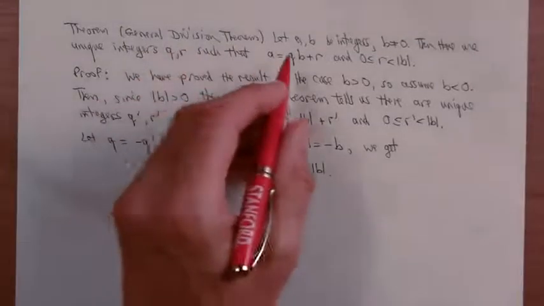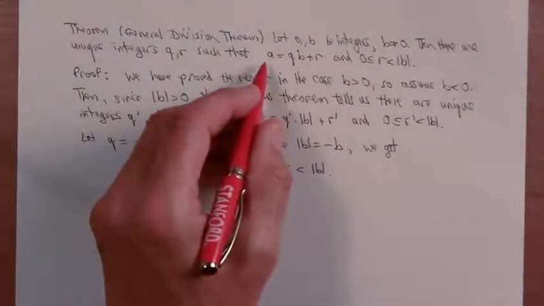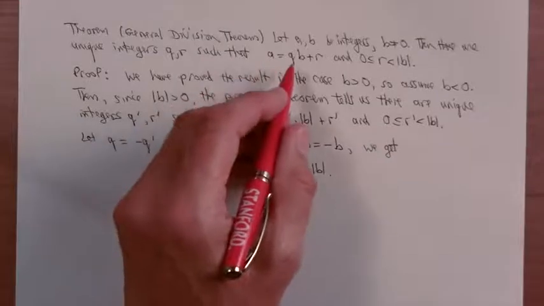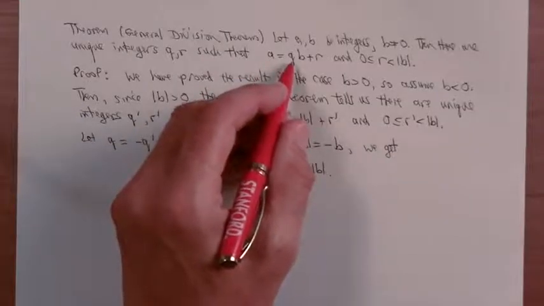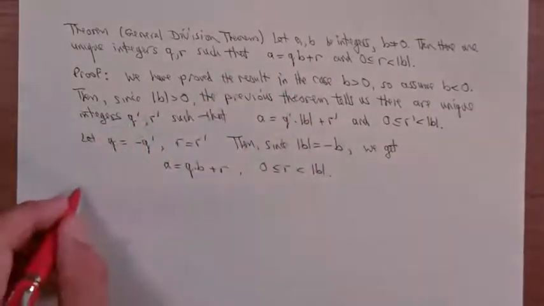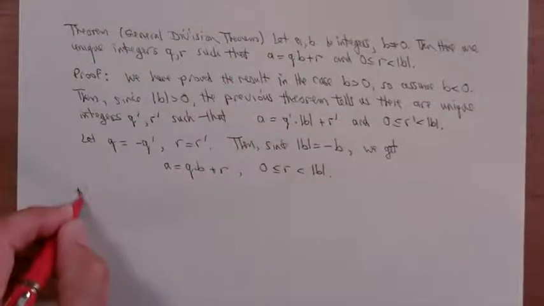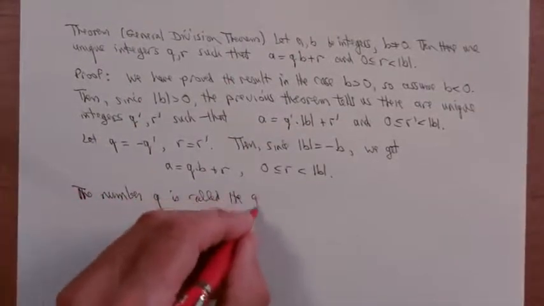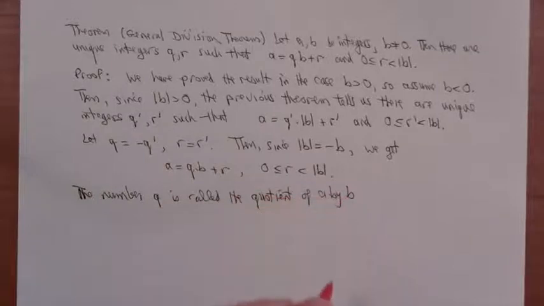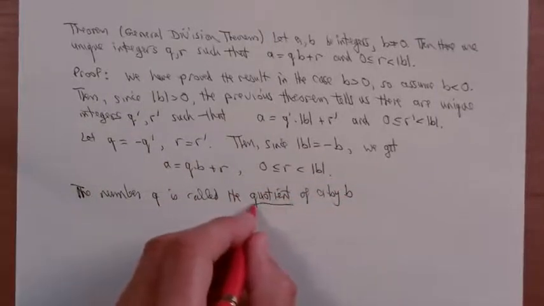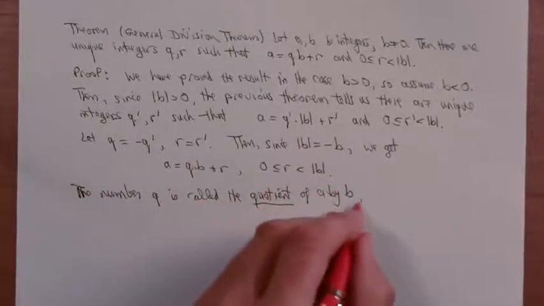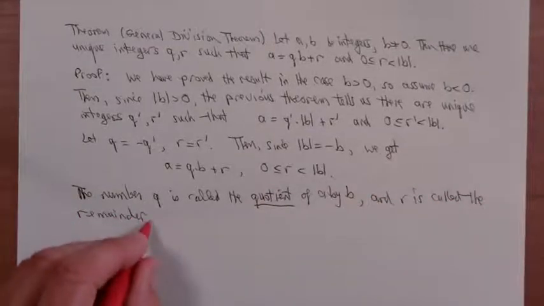And with the general division theorem now established, we can formally give names to the two numbers q and r. Officially we say the number q is called the quotient of a by b, and r is called the remainder.